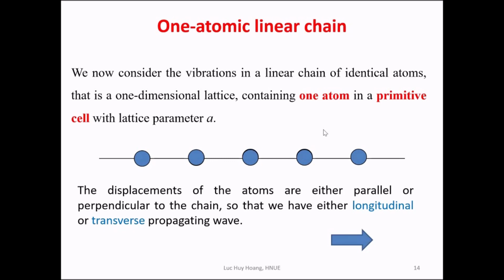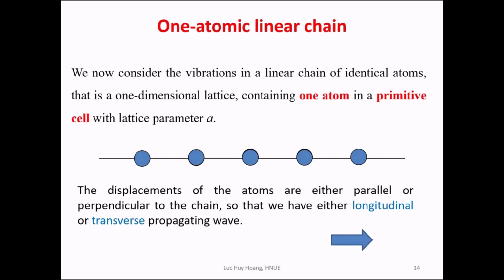You might have the question: is it possible to have a one-dimensional lattice in the real world? Actually, it's not. But later you will see that even though we consider a very simple one atomic linear system, this result can be applied for a real lattice.